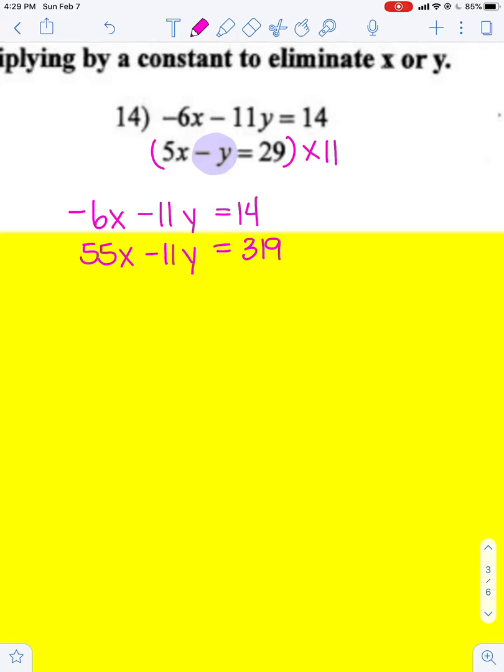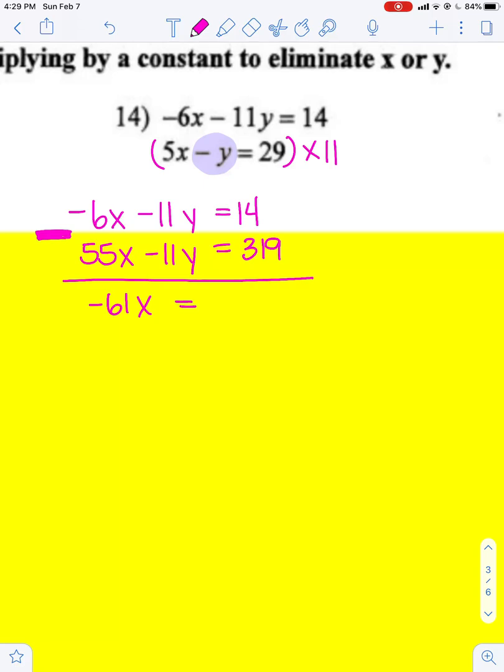So now what I'm going to do is subtract these. Normally we've been adding, but I'm going to subtract this time because I have the same term. So negative 6x minus 55x is going to be negative 61x. Negative 11y minus negative 11y is 0.